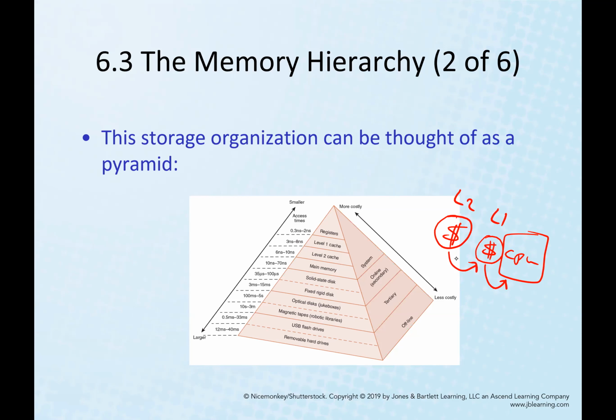Let's see what the access time is. If we look at the access time of the register, we see that any register can be accessed in less than 1 nanosecond. From 0.3 nanoseconds up to 2 nanoseconds, it takes for the processor or data path to access the data from the registers. Very fast.